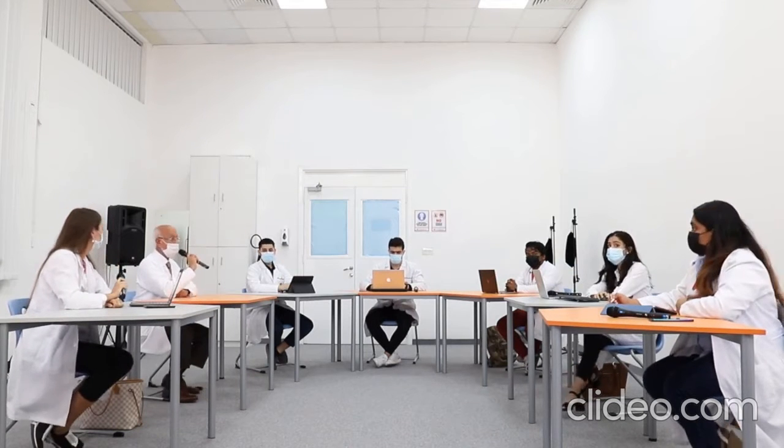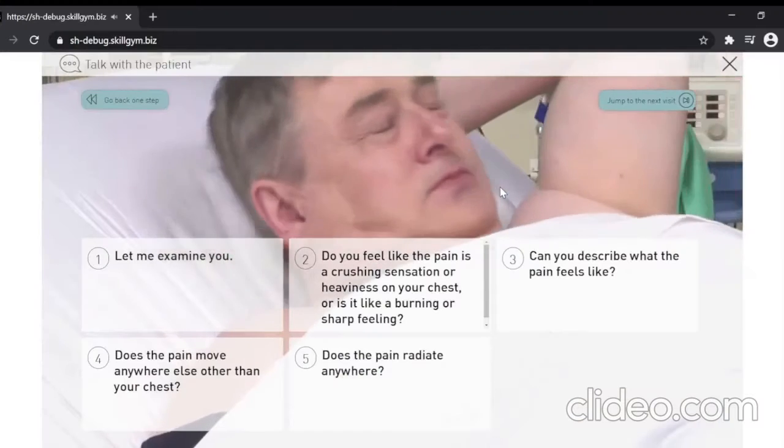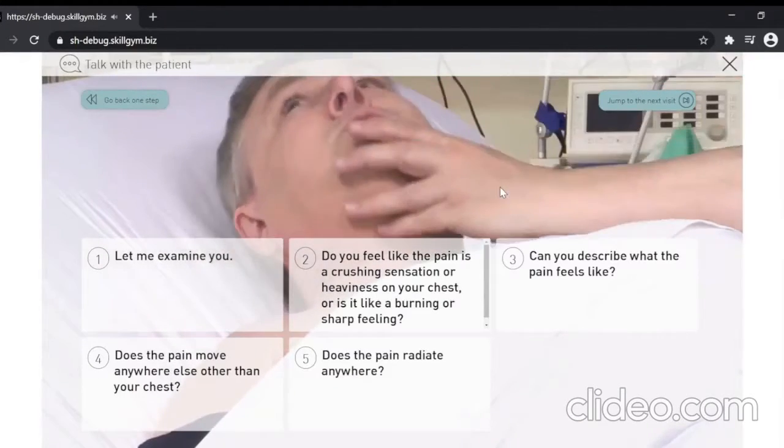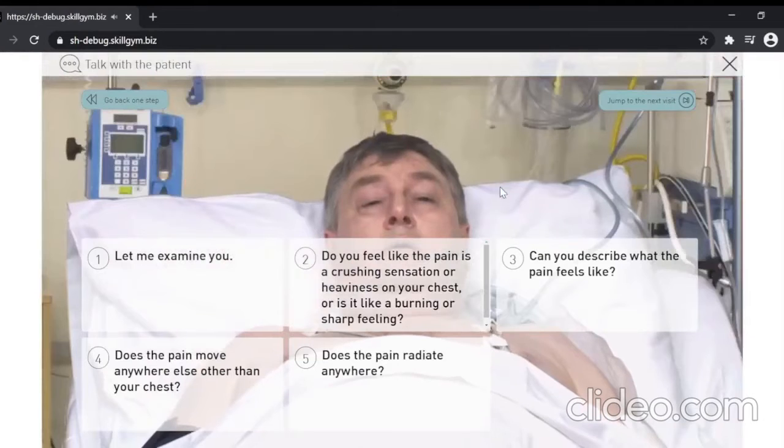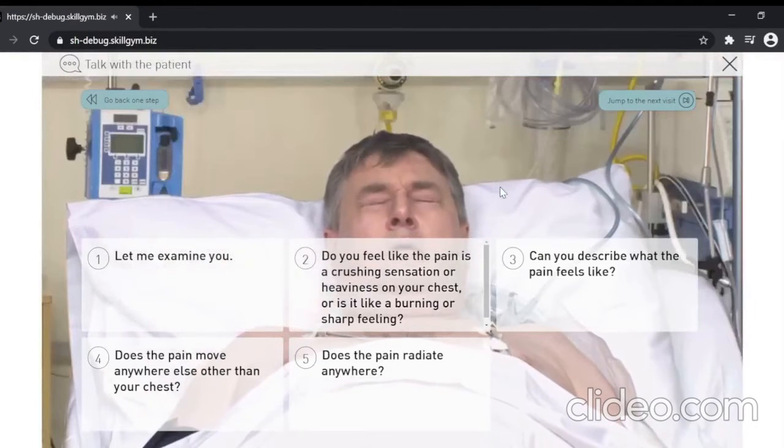Well, maybe before moving to the next question, even with this limited information received from the patient, can you think of some very early probabilities of what this patient's problem could be, even before proceeding?